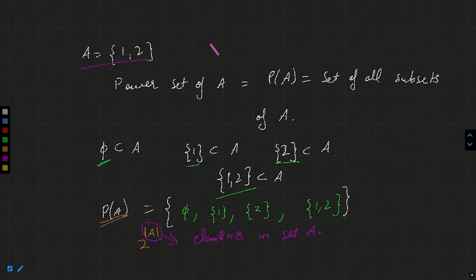What you can say the number of elements in power set? 2, and elements in A is equals to 1 and 2. So this means 2 power 2, which means 4. So as you can see over here, 1, 2, 3, 4. We got 4 elements. Okay. I hope that now it is clear that what do we mean by power set.